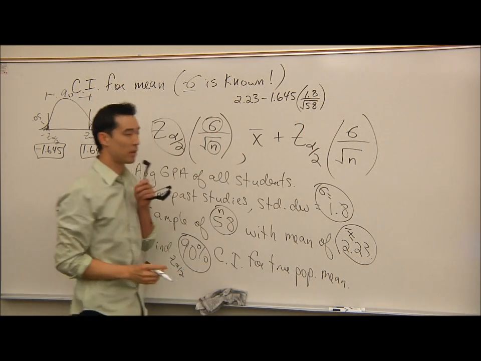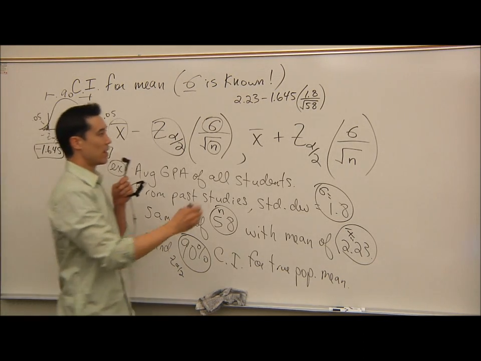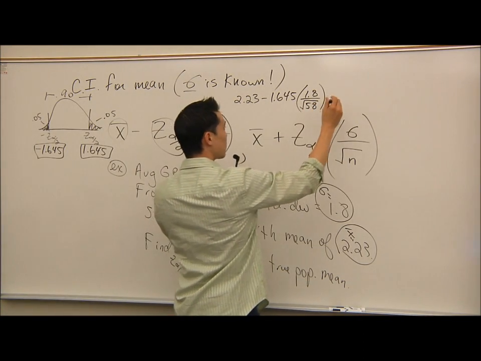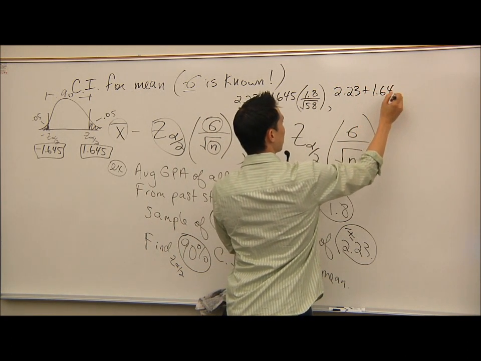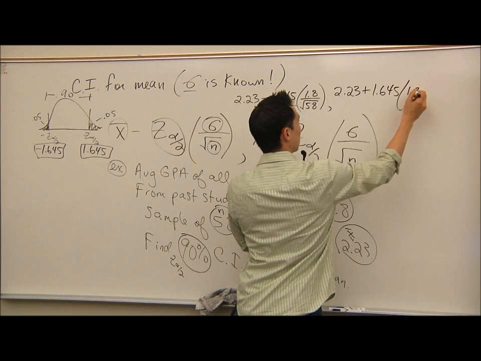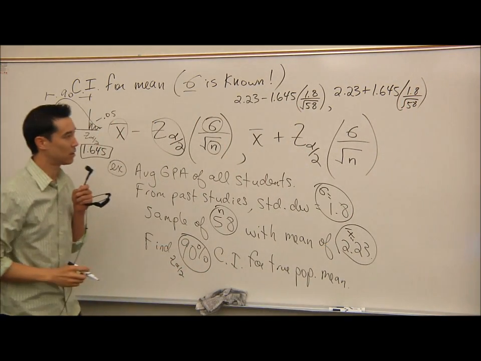Okay? That will be my left, or my lower bound for the interval. And then I'm going to put a comma right here and get the upper bound, the same exact numbers with a plus sign. Okay?